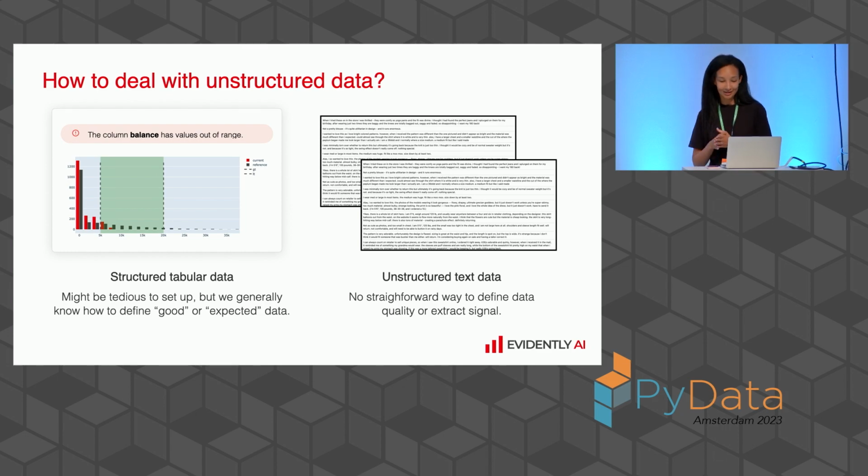For categorical, we can calculate the proportion of different categories, check that the main category is exactly what we expected, compare distributions to calculate drift. So it's all pretty well-known techniques which we can use to make sure that our data has good quality. But when it comes to unstructured data, it's not that straightforward, right?